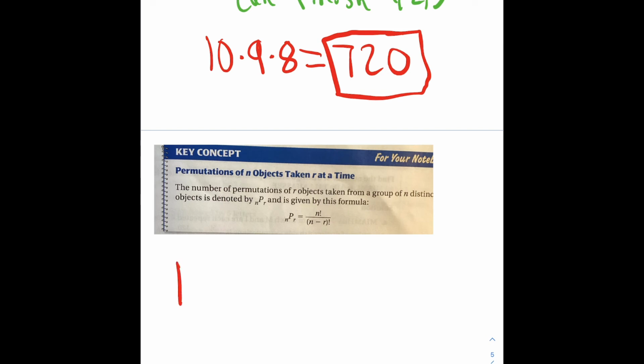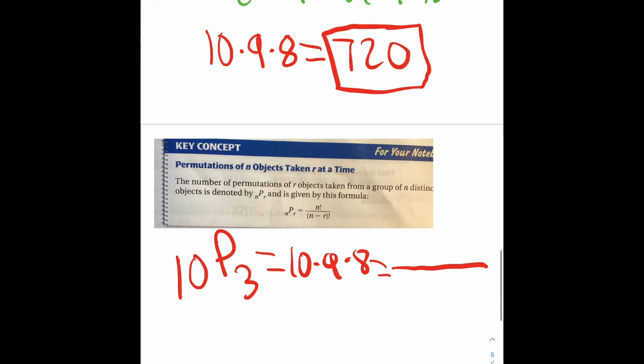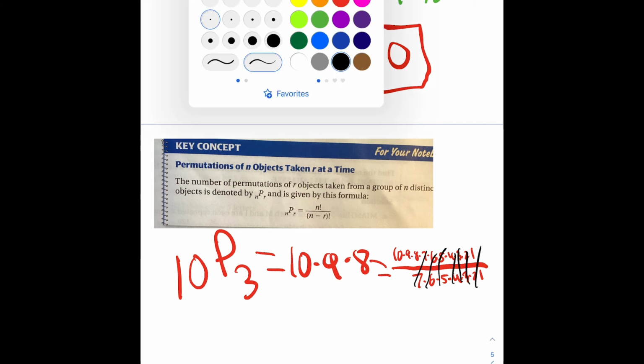We would say, all right, 10P3, which is equal to 10 times 9 times 8 times 7 times 6 times 5 times 4 times 3 times 2 times 1 on the top, all over 7 times 6 times 5 times 4 times 3 times 2 times 1. There's a lot that's going to be canceling out. So what did we really do?